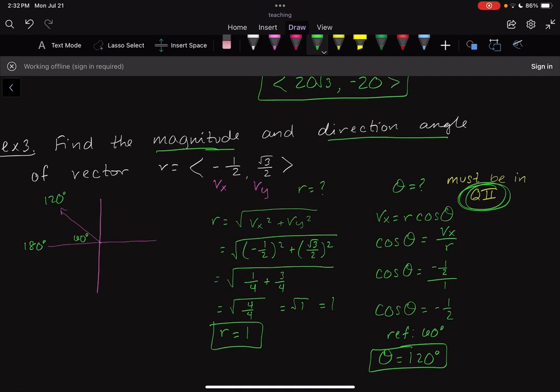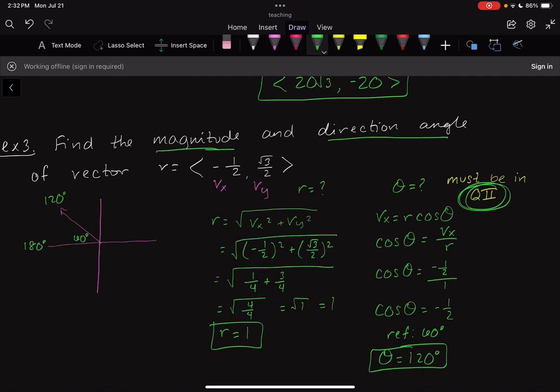Now the cool thing about this one is that we could have done this in the calculator. You could have typed in cosine inverse negative 1 over 2. If you had done that, it would have just given you the answer of 120 degrees. But you have to be so careful when using the inverse and trying to use the calculator.